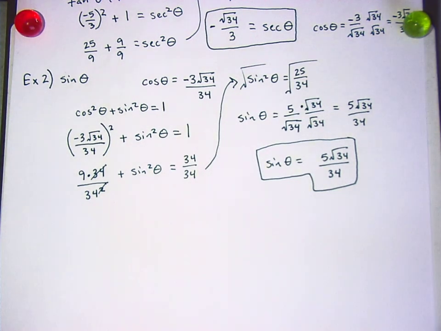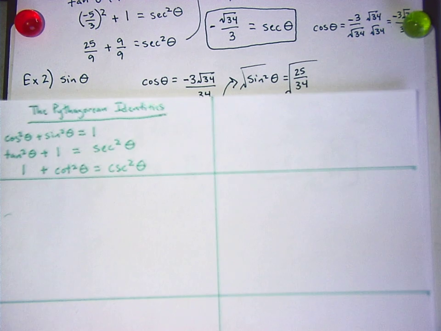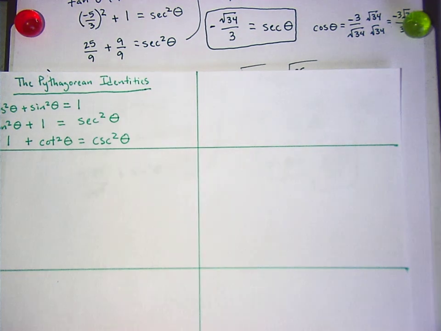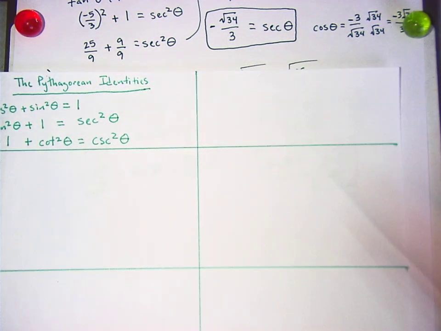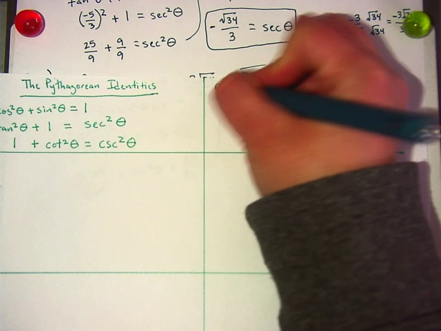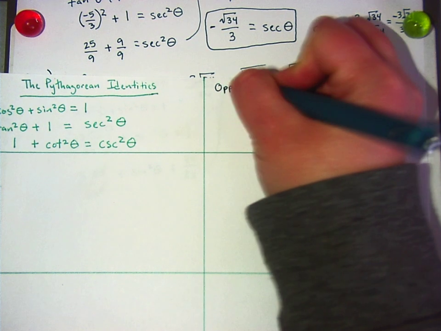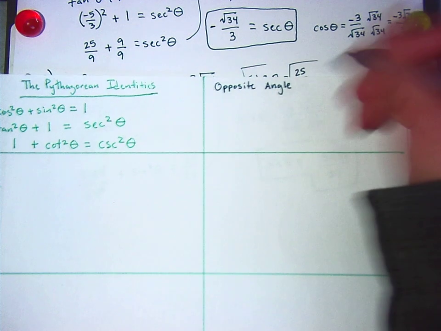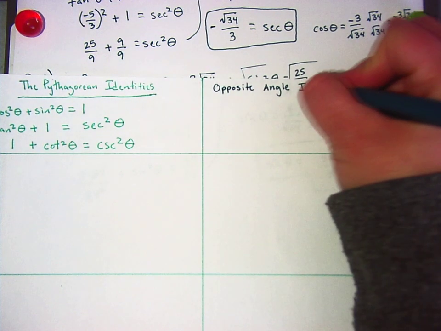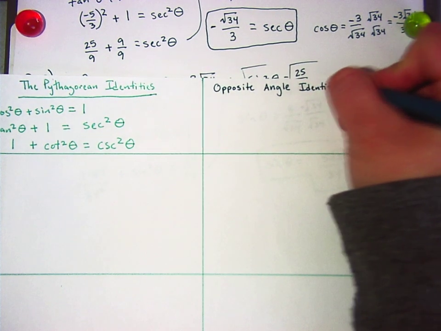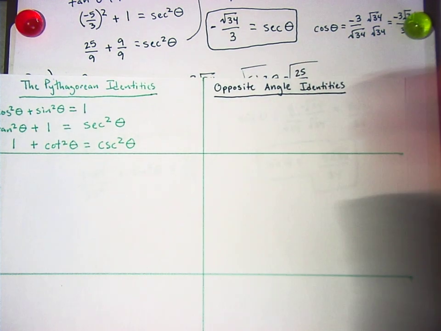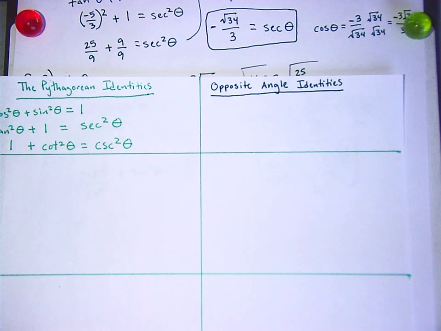The second part is filling out another one of these. So take out the back of your unit circle, and we're going to fill out these ones, which I'm going to call the opposite angle identities. How many boxes are we filling in? 1. There are going to be 6 things written in this little box, but they're going to be pretty easy, pretty small.